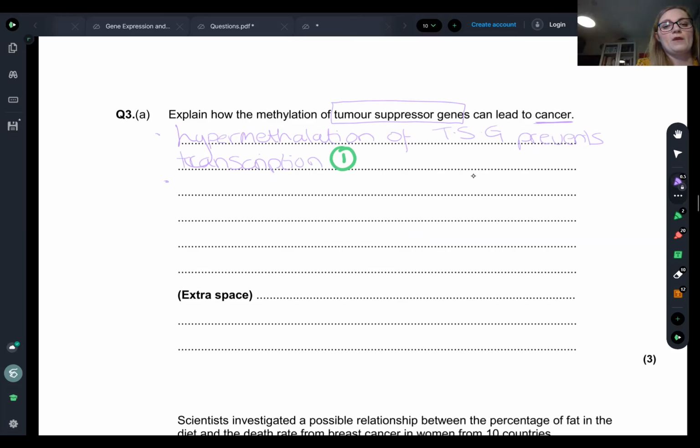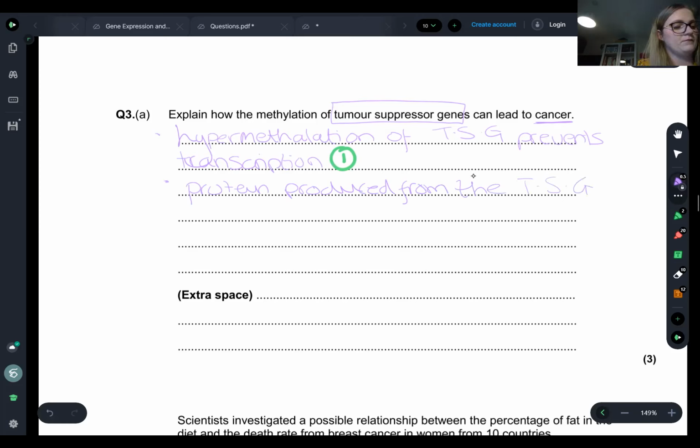Therefore, the protein produced from the tumor suppressor gene that prevents cell division is not produced.